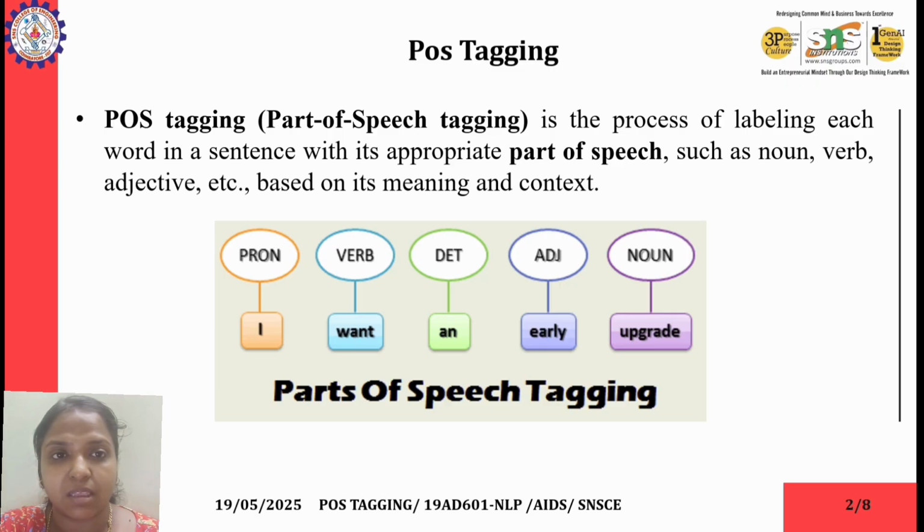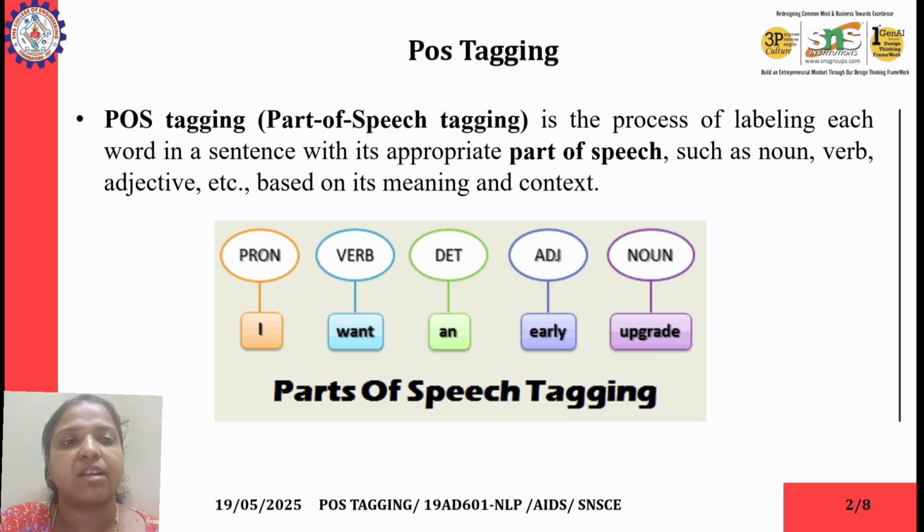POS tagging is nothing but dividing the whole sentence into small chunks, which is called tokenization. Once you divide the sentence into single words, you have to categorize these words grammatically, putting them under some tag, whether it is a noun, verb, adjective or adverb.